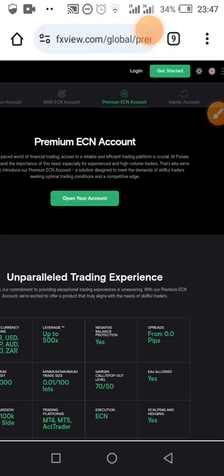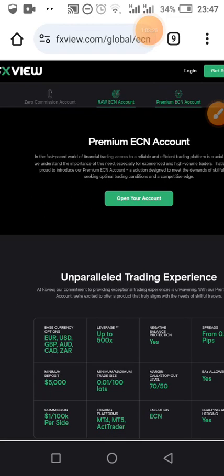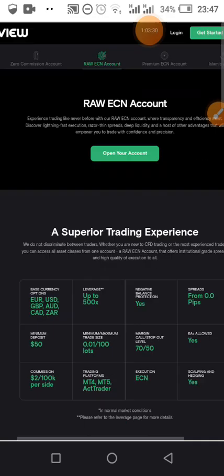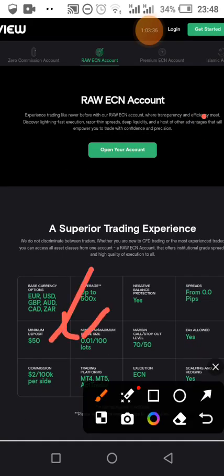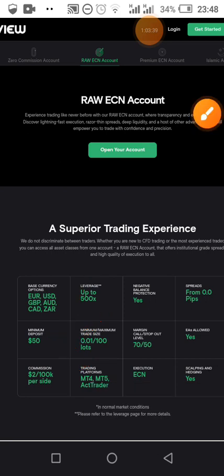So if I come now to the raw ECN account, which is an ECN account for people even with smaller capital, you can see minimum deposit is just $50, and then commission is now higher, at $2 per 100,000 per side. Meaning that if you open a trade on a 1.00 lot size, you will be charged $2 commission when opening the trade, and then $2 commission also when closing the trade.